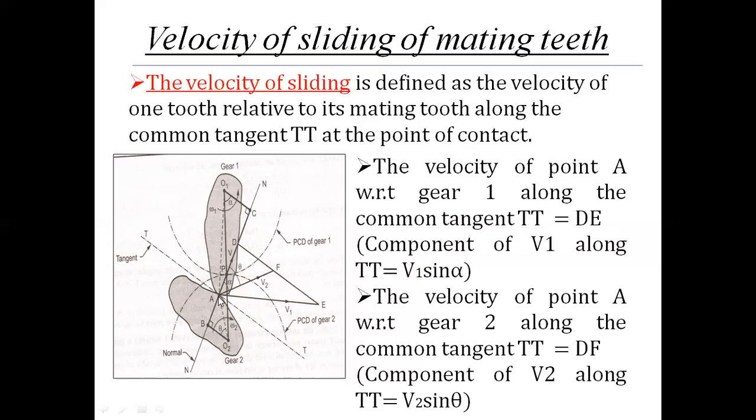A is the point of contact and P is the pitch point of the two mating teeth. TT is the common tangent passing through the point of contact and NN is the common normal, which also passes through the point of contact.